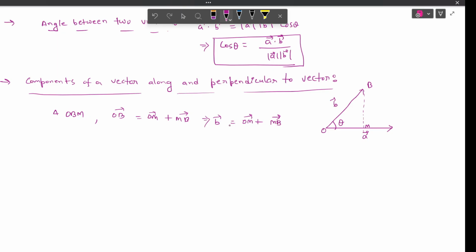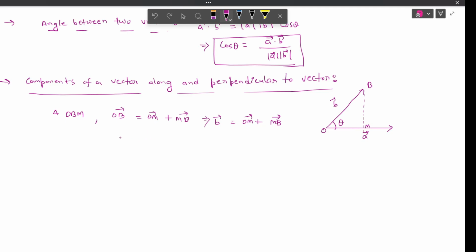Okay. So we can say this OM and this MB are components of B along A vector and perpendicular to A. OM vector is the component of B along A vector and MB is the component of B perpendicular to A vector.